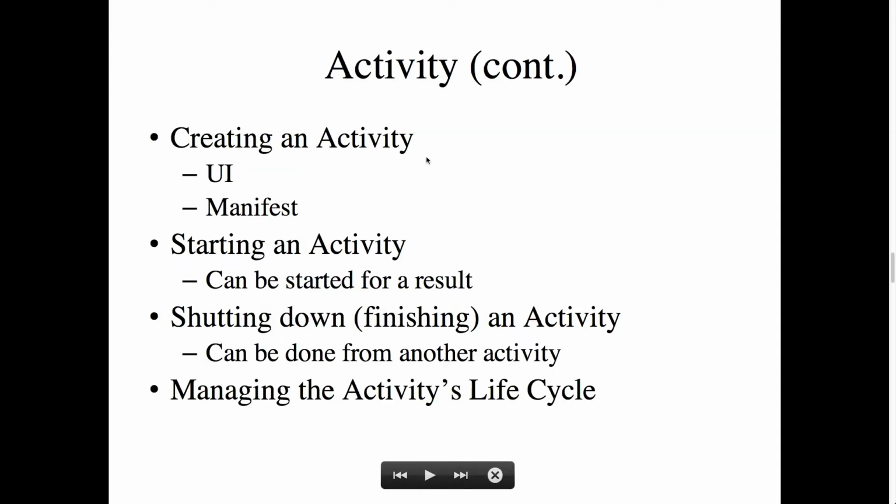So there are 4 stages or 4 things to know about creating an activity. How do you create one? Well, there's 2 things you have to do for an activity. Since activities are made to be an abstraction, as in they should work on their own, you shouldn't, or in many cases at least, you shouldn't need that many other activities for this one to function.